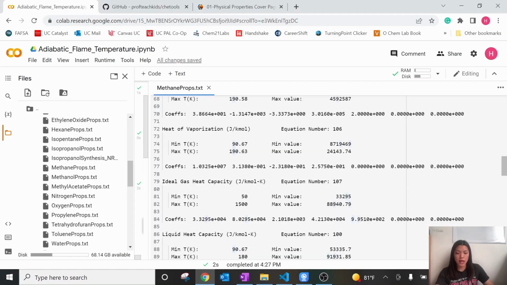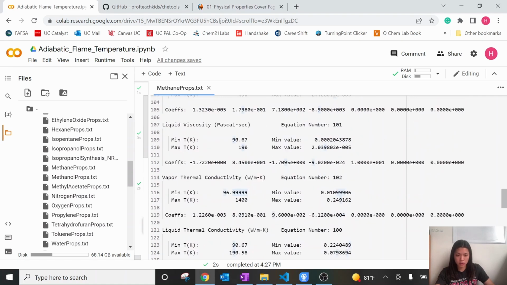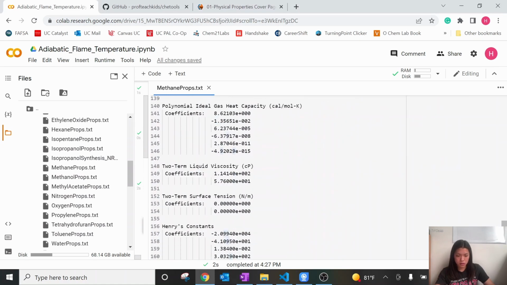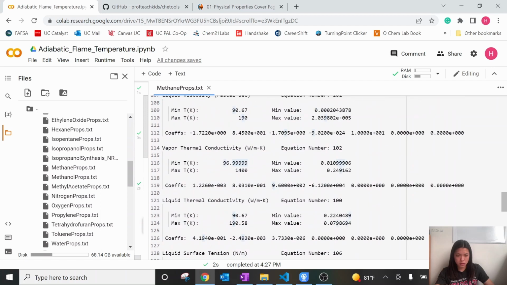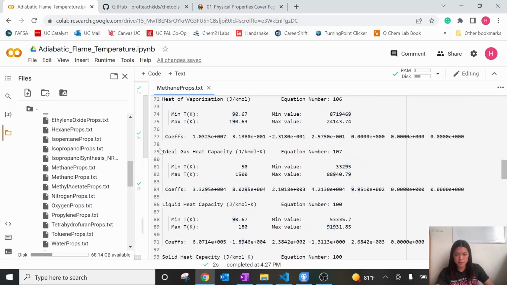So if we look at the property here, and we scroll down, let's see if I can find it. Here it is, the ideal gas heat capacity, in joules per kilomole Kelvin.